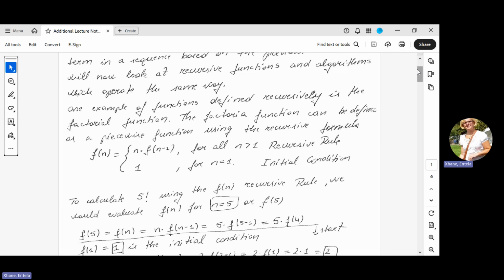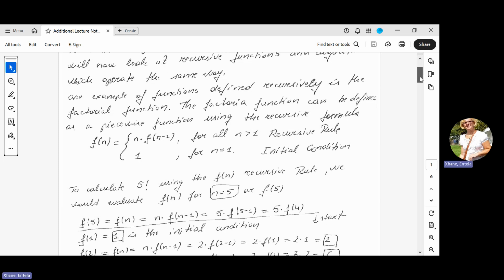So a function f of n is defined as a factorial function in the form of a piecewise defined function: if n equals 1, this is known as the initial condition, f of 1 is equal to 1, and then for all the other n's that are greater than 1, based on the recursive rule, f of n, which represents the preceding term, will be computed by n times f of n minus 1.